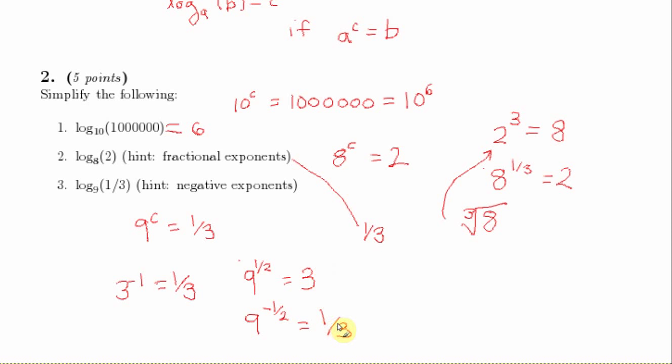So 3 to the -1 is 1/3, and 9 to the 1/2 to the negative 1, the negative 1 multiplies in and becomes minus 1/2. And maybe we should just say here, we were trying to solve for this C, right? So the answer is minus 1/2. And that's it. So I'm just going to stop this recording if I can.